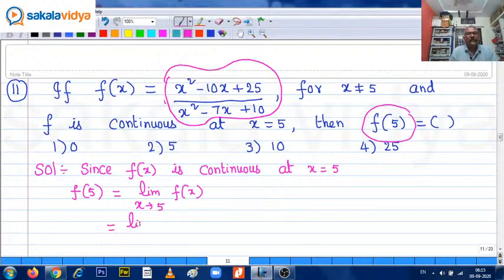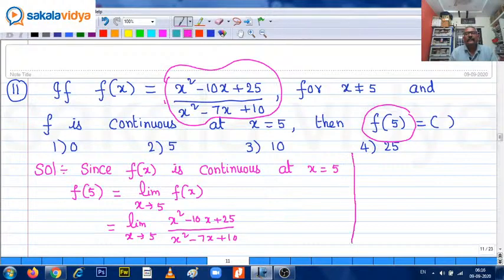So limit x tends to 5, x square minus 10x plus 25 upon x square minus 7x plus 10. Substitute the limit. This is 25 minus 50 plus 25, 50 minus 50, 0. This will be 25 minus 35 plus 10, 35 minus 35, 0. It is 0 by 0 form. You can apply L'Hospital's rule.